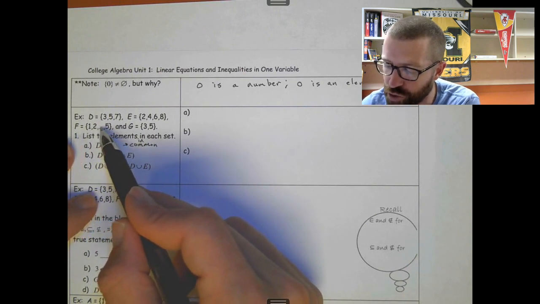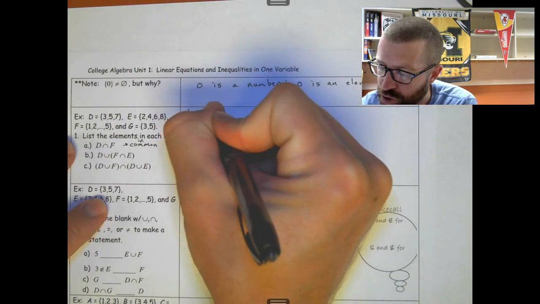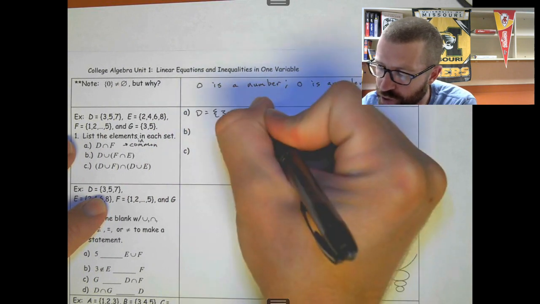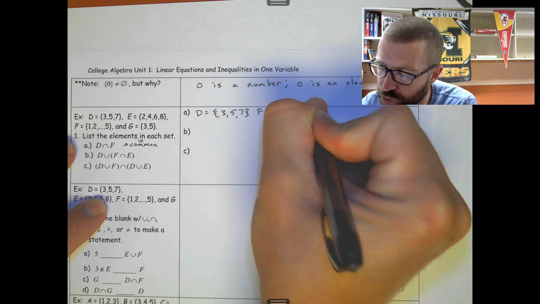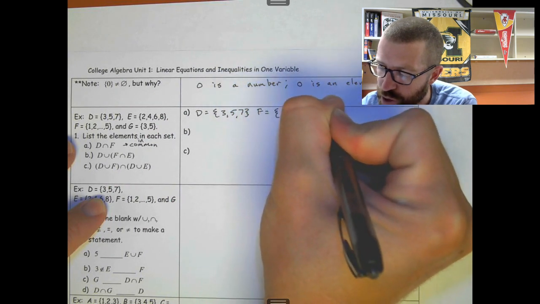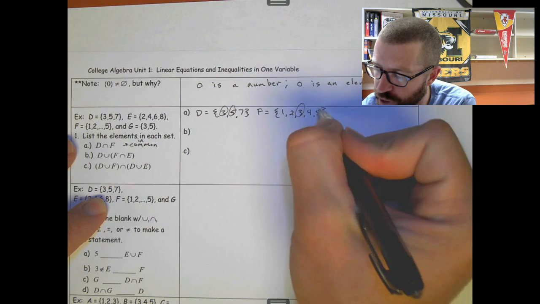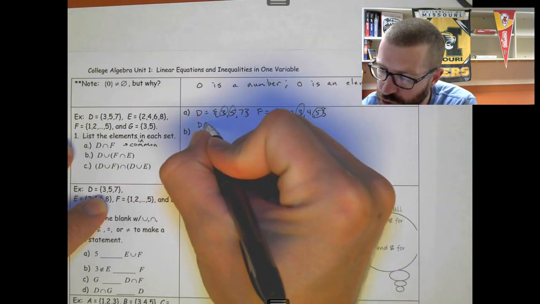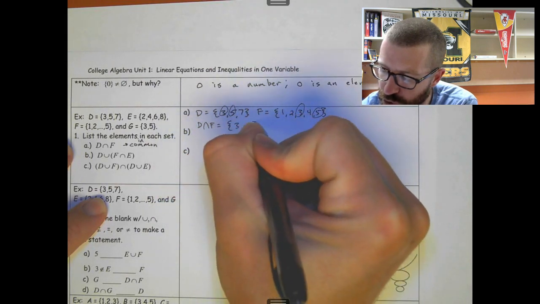And F is 1, 2, 3, 4, 5. So their intersection would be 3 and 5. They both have 3. They both have 5. So D intersect F is 3 and 5. And that's what we're looking for.